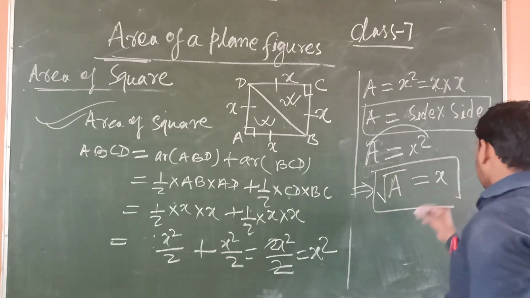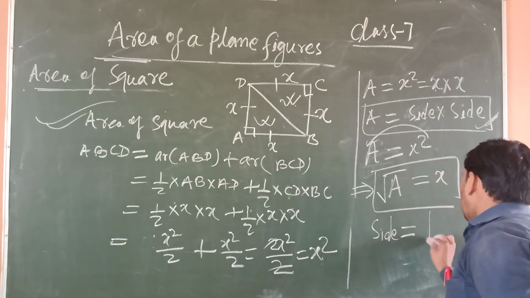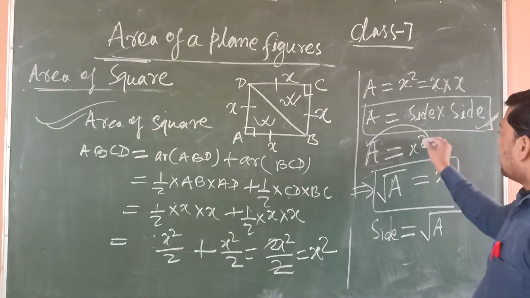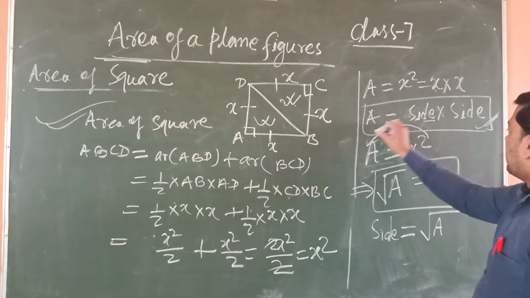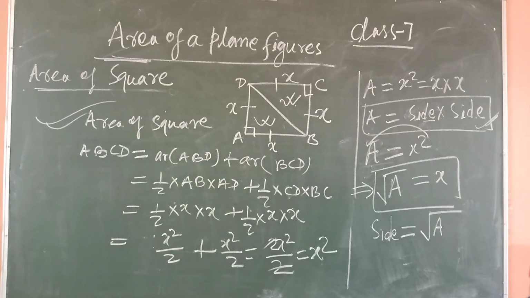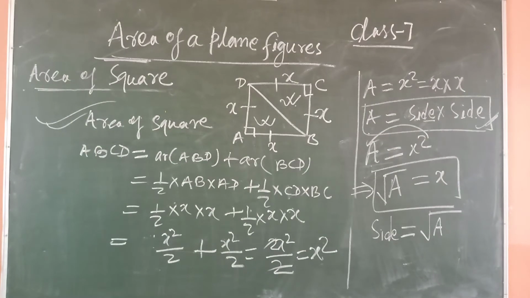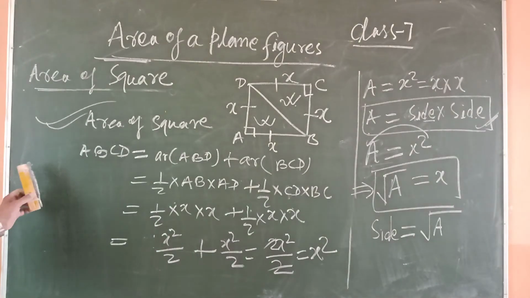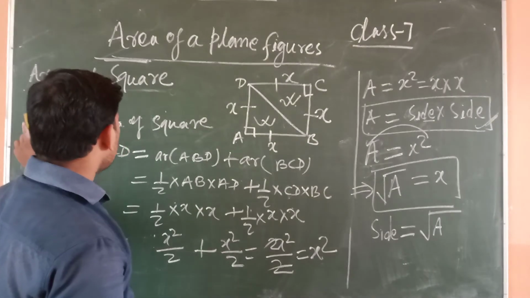Side is equal to under root area. If square goes to the other side, then it becomes under root. If the operation changes, then the sign will also change. So side is equal to under root area.